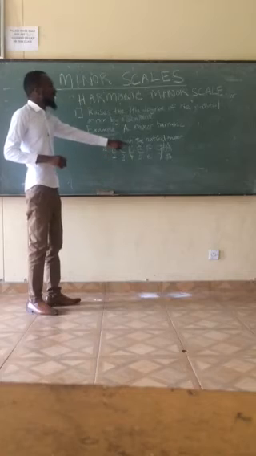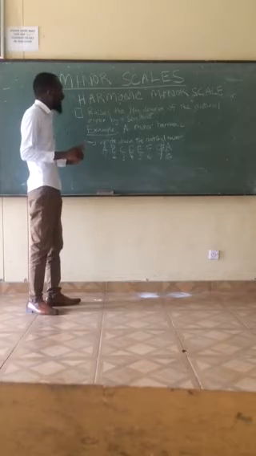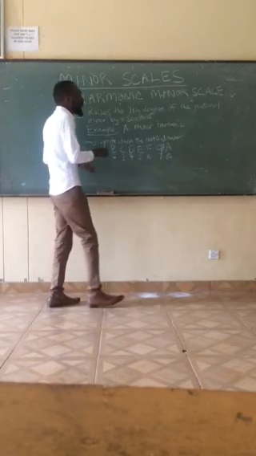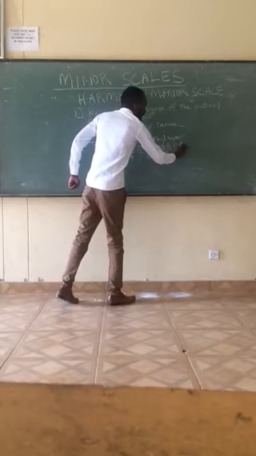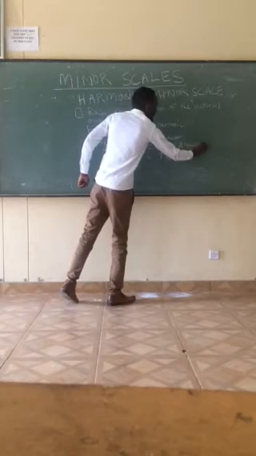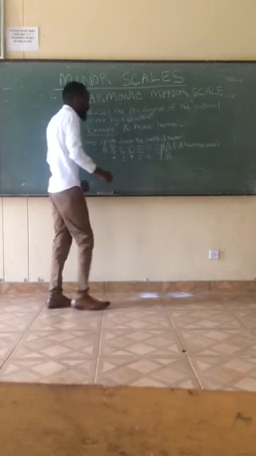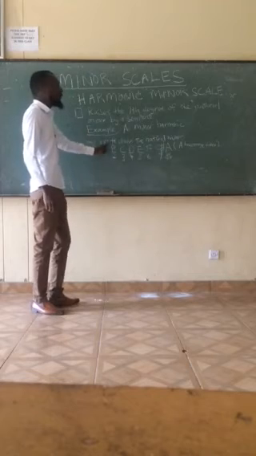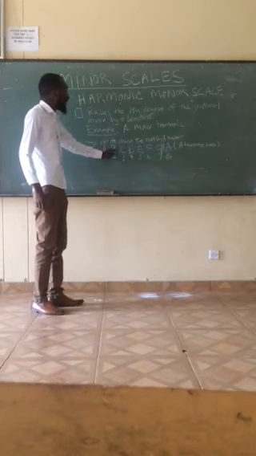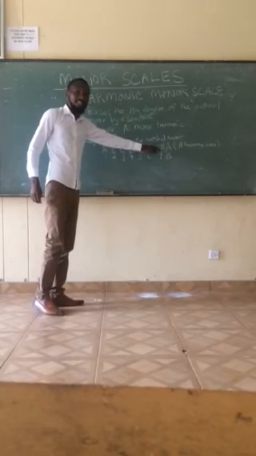We have now constructed the harmonic minor in A. This is now the A harmonic minor, where we now have the notes A, B, C, D, E, F, G sharp, and A.